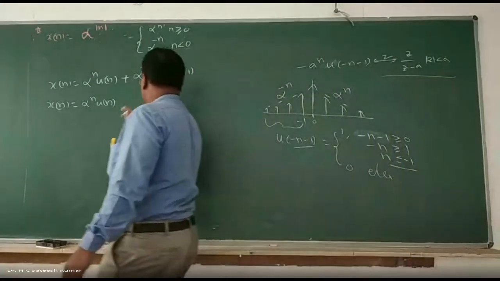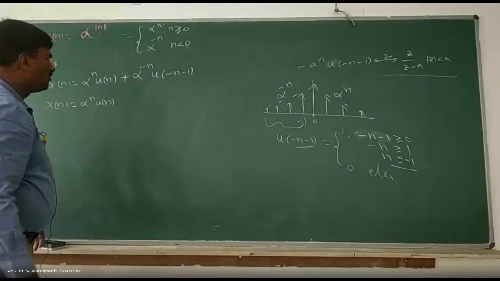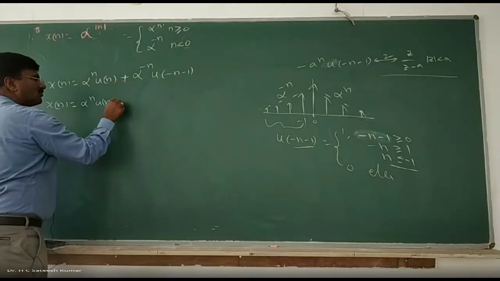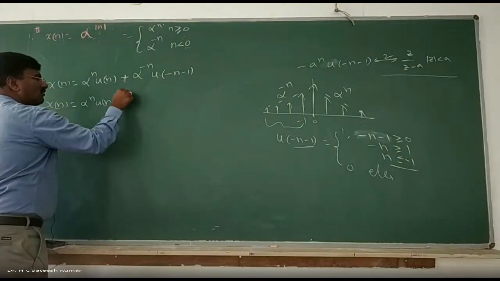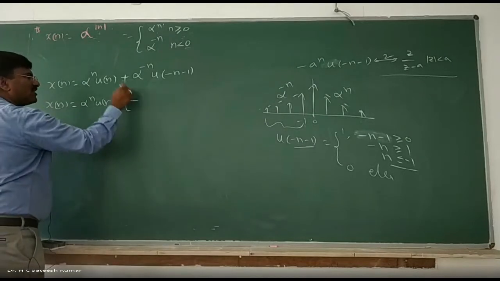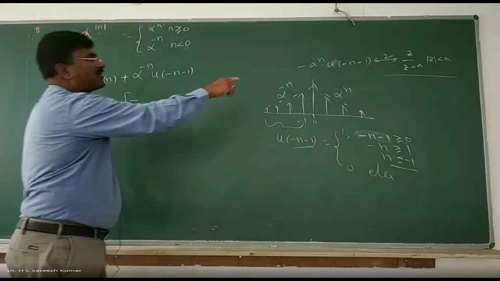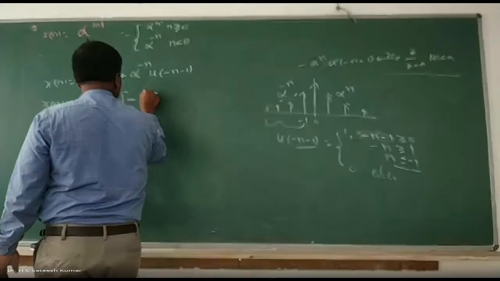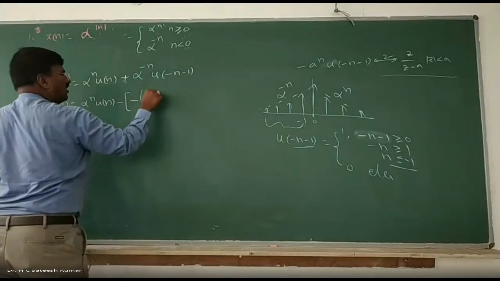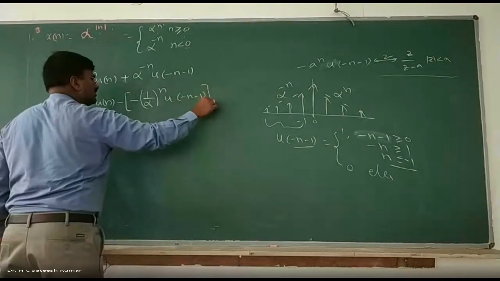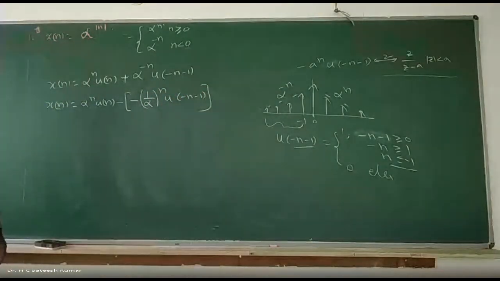But minus is also not there and minus n is there. What I will do is take a minus out, and minus of minus will become plus now. I want plus n because a to the power n is there. So what I should do is take alpha to the denominator: 1 by alpha whole power n into u of minus n minus 1. That's how we should do it. Now it is ready.